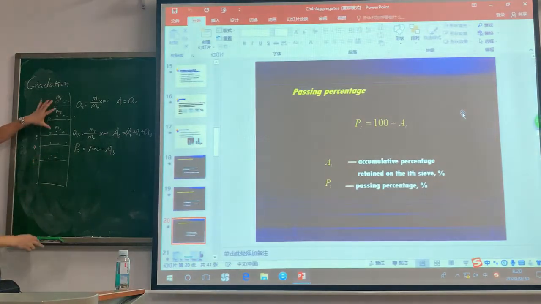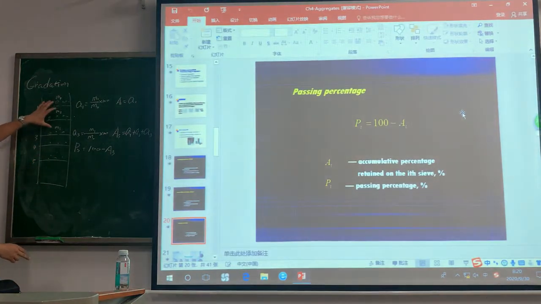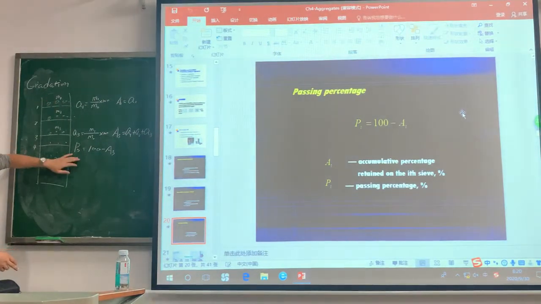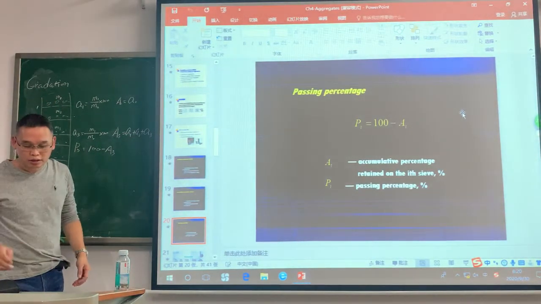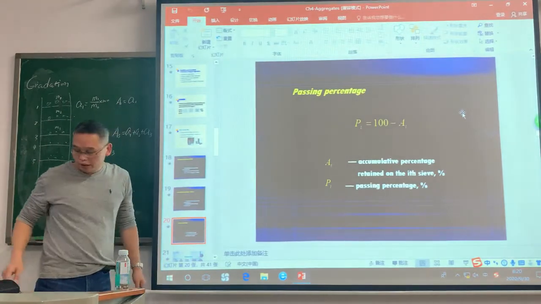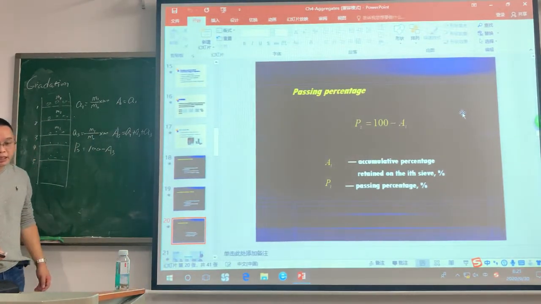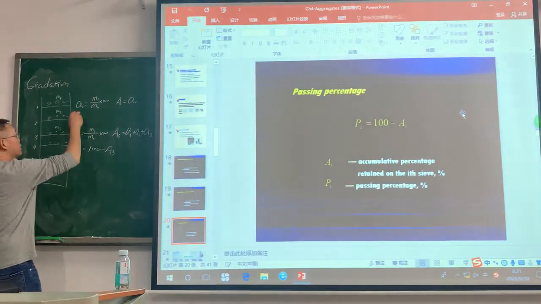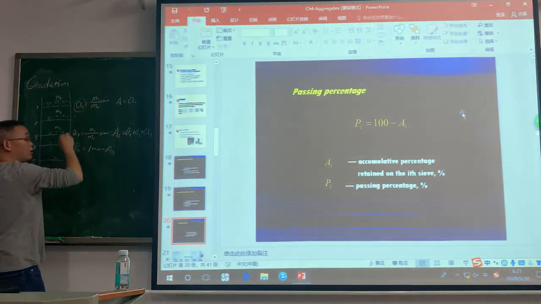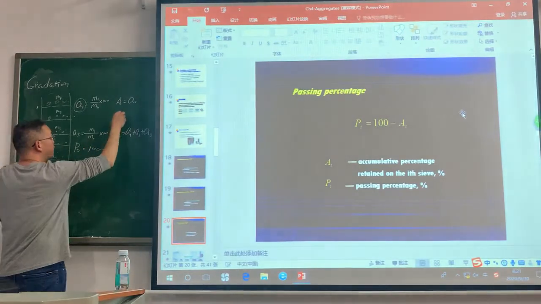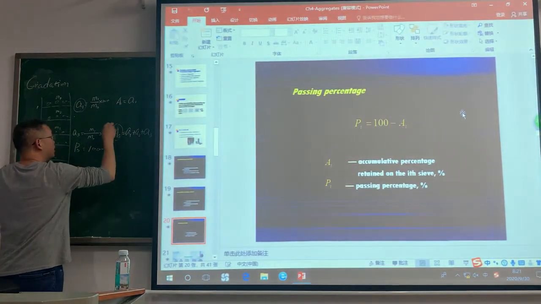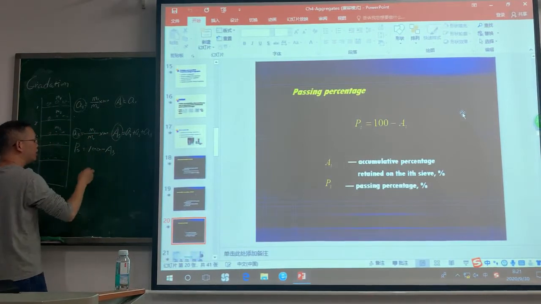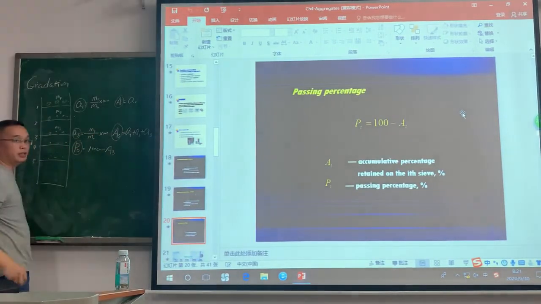But the amount of this plus the accumulative percentage retained is equal to 100. So the first one is the individual percentage retained, the second one is the accumulative percentage retained, and the third one is the passing percentage.